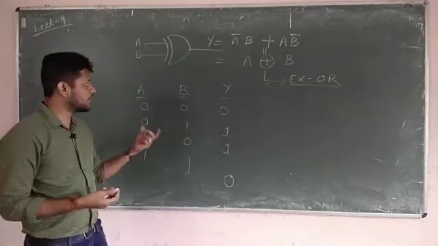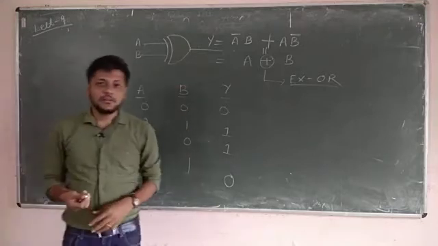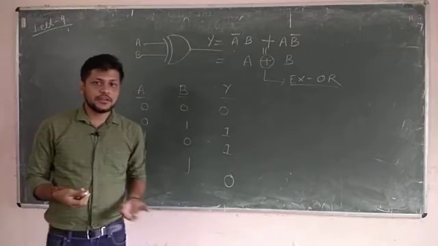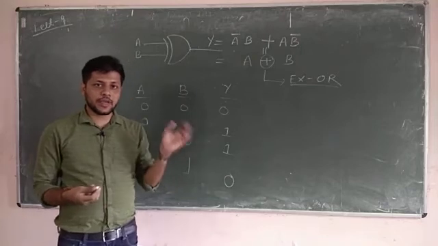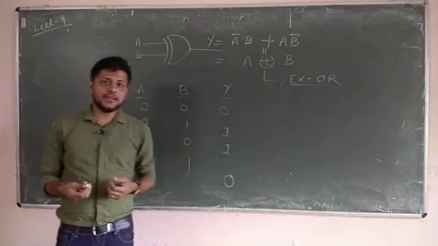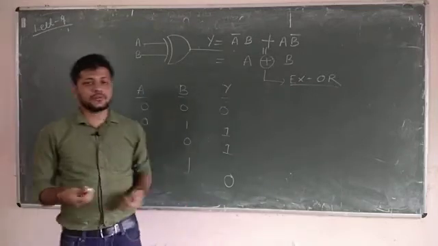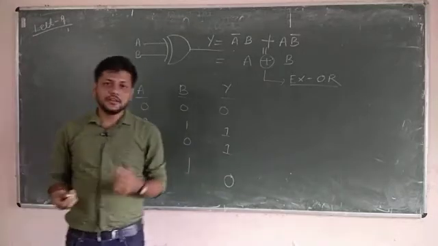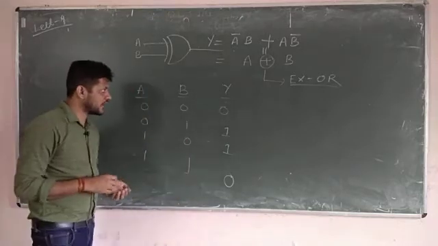Suppose I have applied 4 inputs to the exclusive OR gate. In digital, we are applying 1 and 0 only as an input to the gate. So if the number of 1s applied to the input is odd, then the output of the exclusive OR gate is 1. Hence, one application of the XOR gate is that it acts as an odd number of 1s detector.